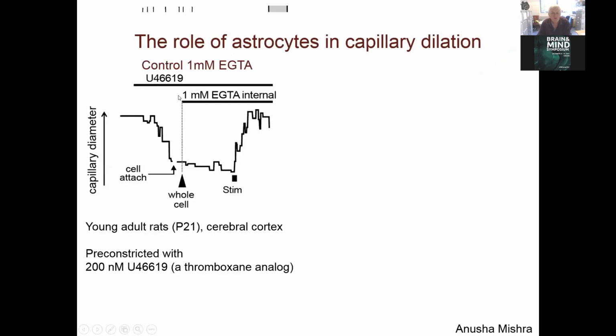And if we patch onto that astrocyte with a low concentration of a slowly acting calcium buffer, then we pre-constrict the capillaries with this thromboxane analog. We go whole cell and put this very feeble buffer into the cell. And when we stimulate neuronal activity, we get a dilation of the capillary.